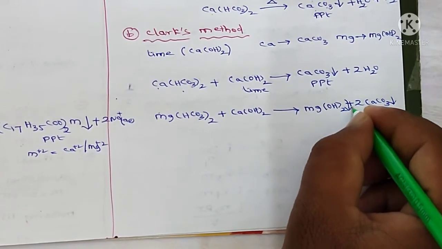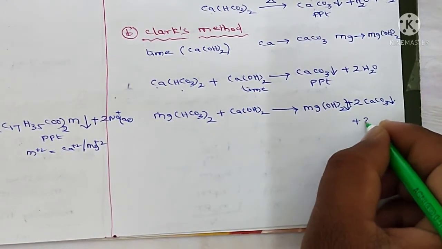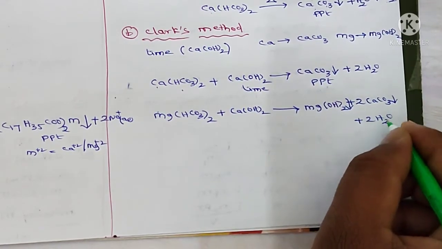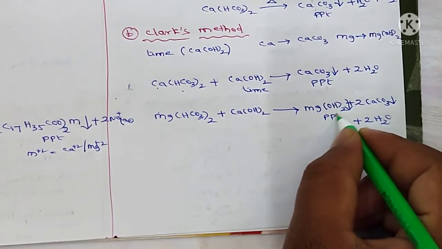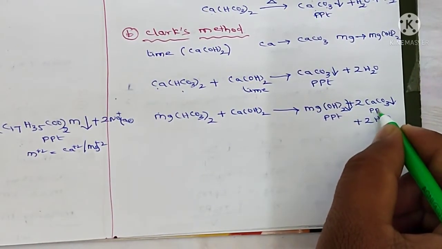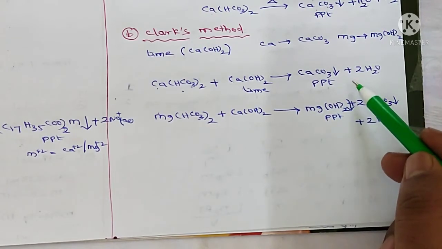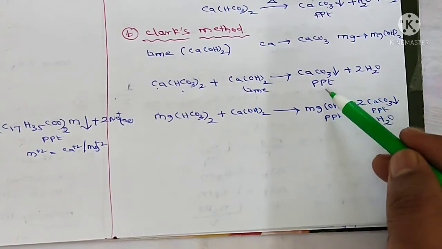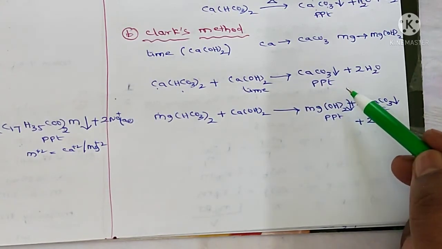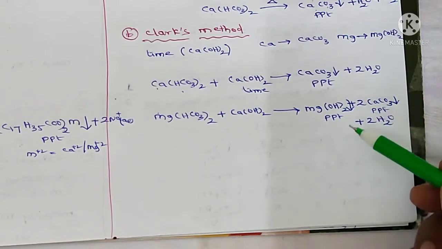So these are the precipitates, plus 2 moles of H2O. These PPTs are removed by the filtration. After filtration, there are no calcium 2+ and magnesium 2+ ions in the water. So then the water is called soft water.